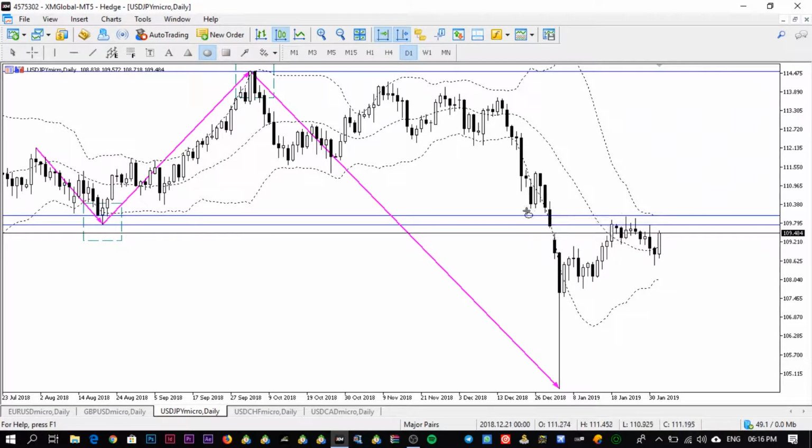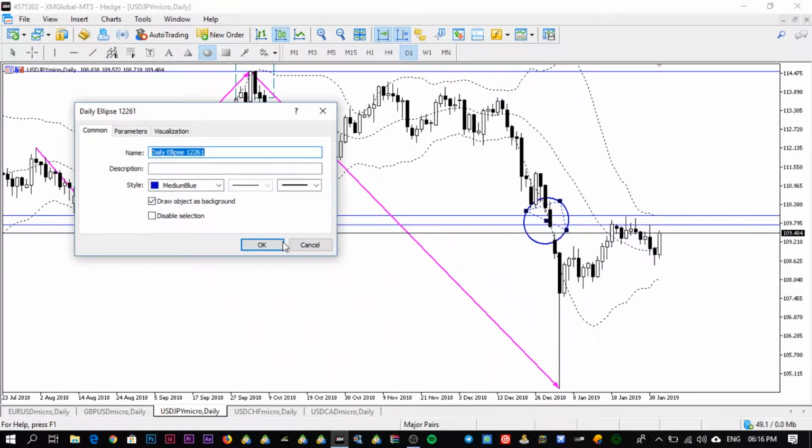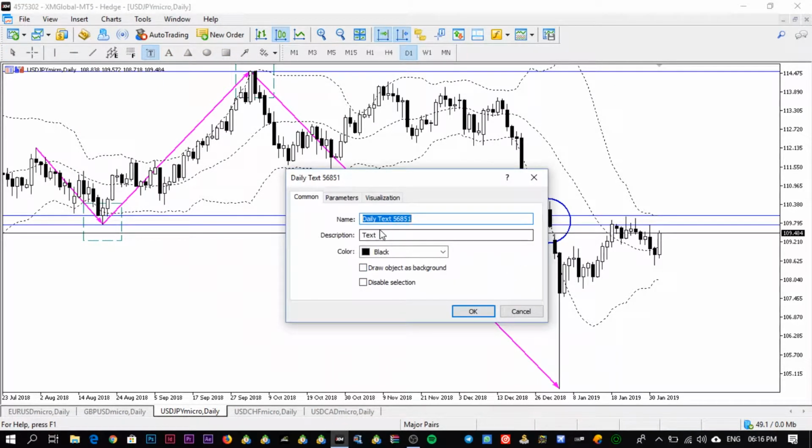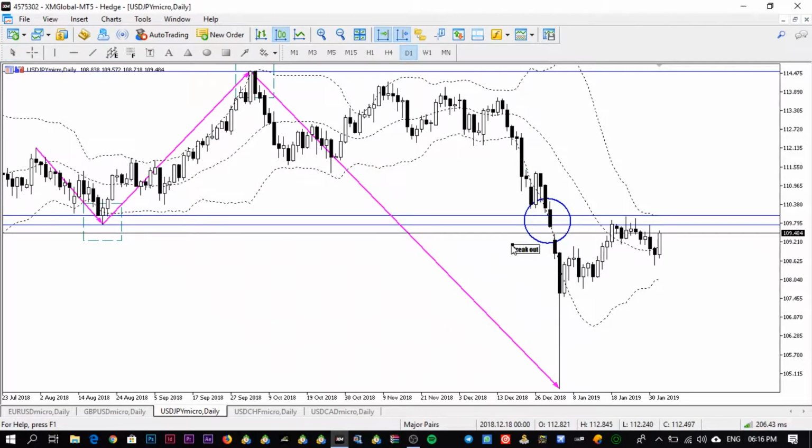There we go, as we can clearly see it here. We have a breakout of our area of support.